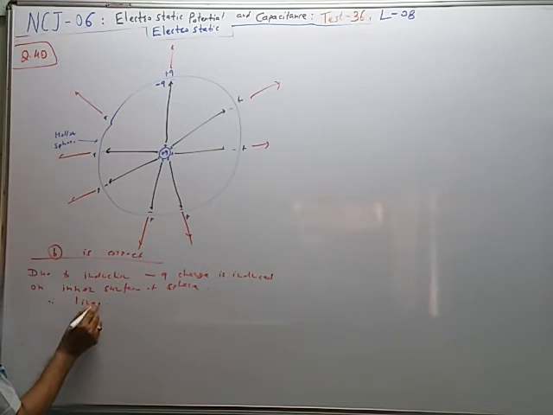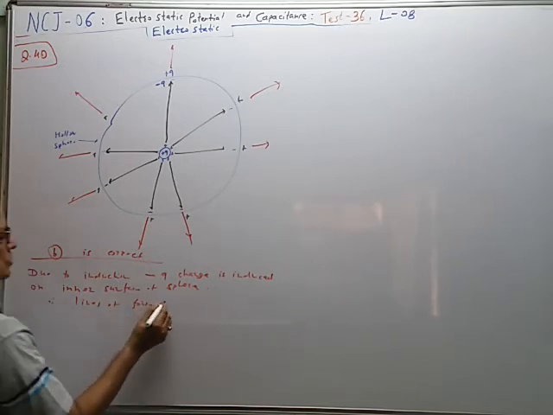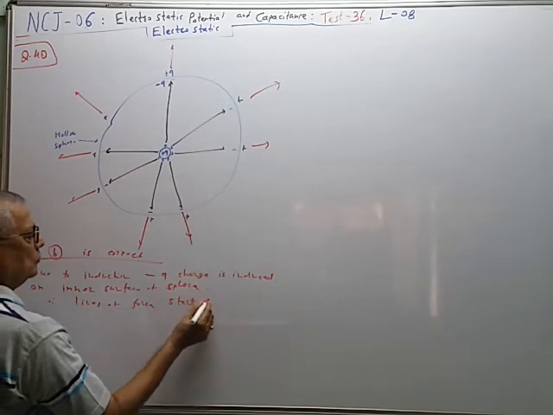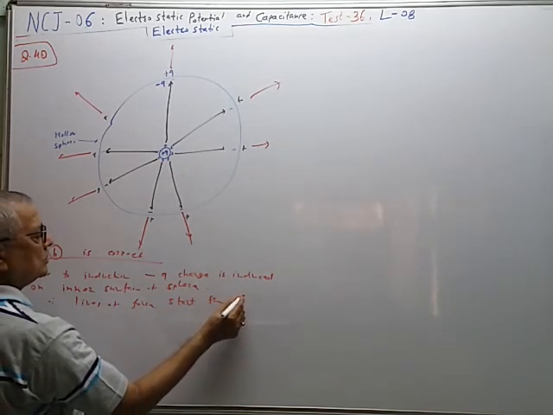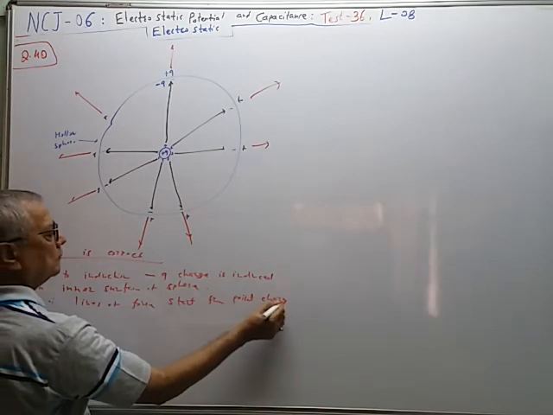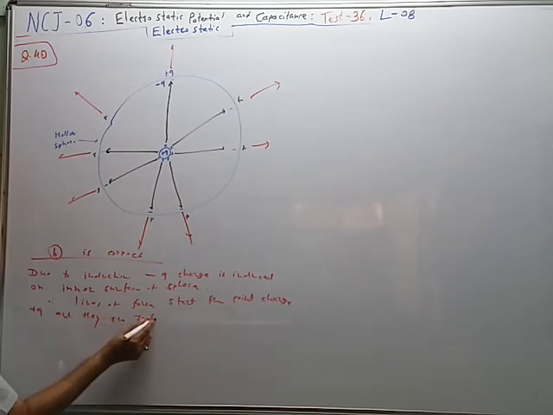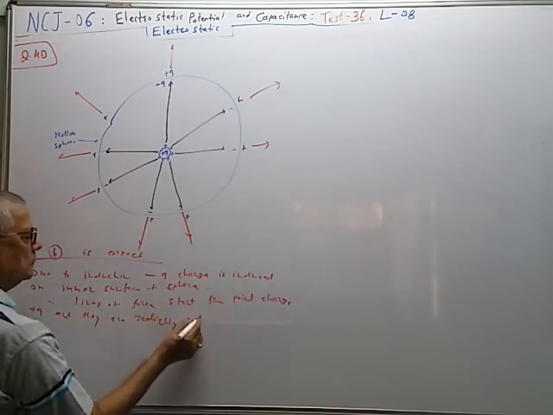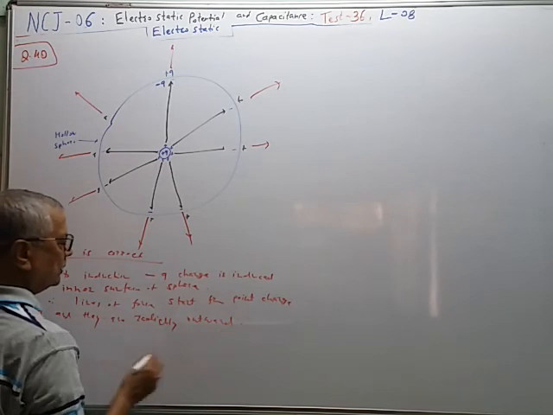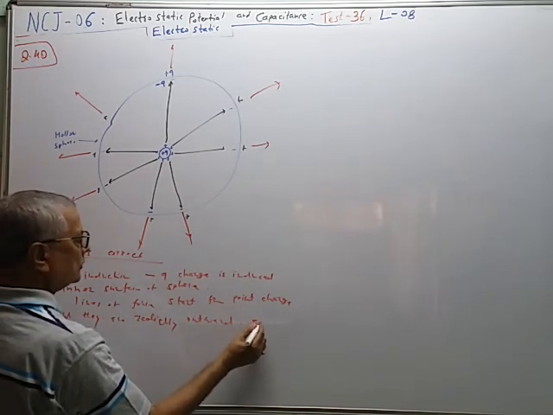Therefore, lines of force start from the point charge plus Q, and they are radially outward, as shown in the figure.